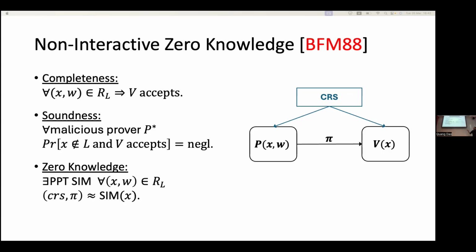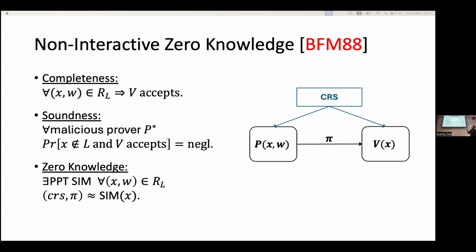And okay, so we can think about statistical soundness and computational soundness, depending on whether we want to make this prover computational or unbounded. And we can also think of non-adaptive and adaptive soundness. Non-adaptive soundness is where the prover picks the statement in advance. And adaptive soundness is where the prover is allowed to pick the statement after seeing the CRS.